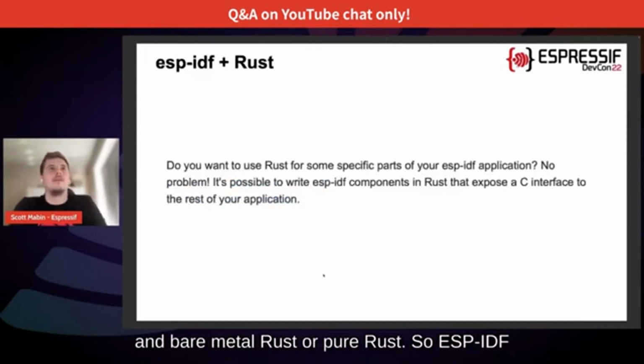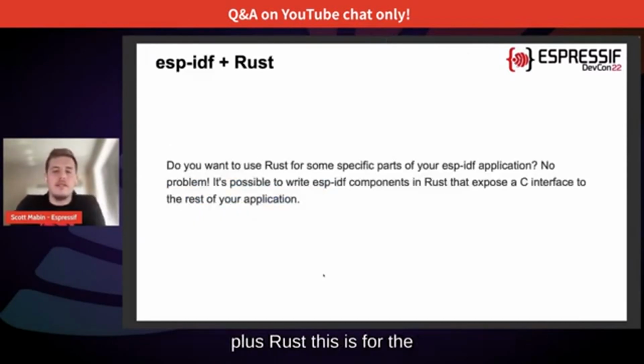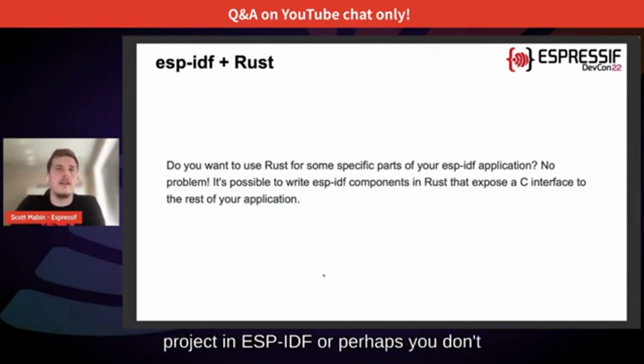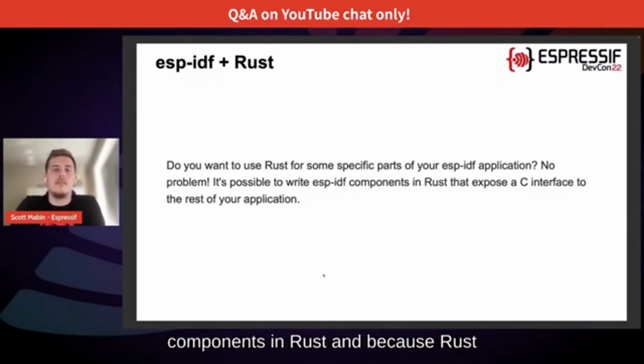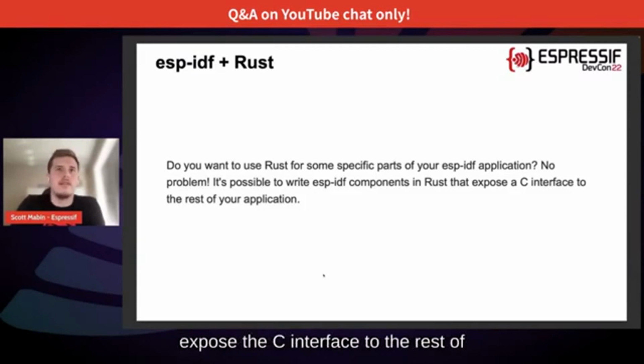So ESP32 plus Rust, this is for the situation where you have an existing project in ESP32, or perhaps you don't want to write the whole application in Rust. We have the option to create ESP32 components in Rust. And because Rust has good interop with C, you can just expose the C interface to the rest of your application.